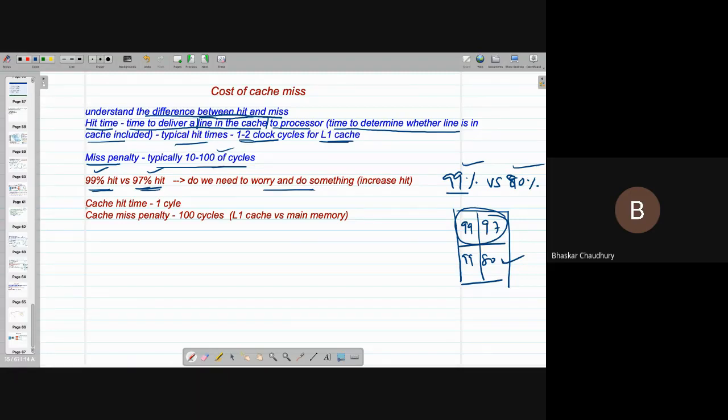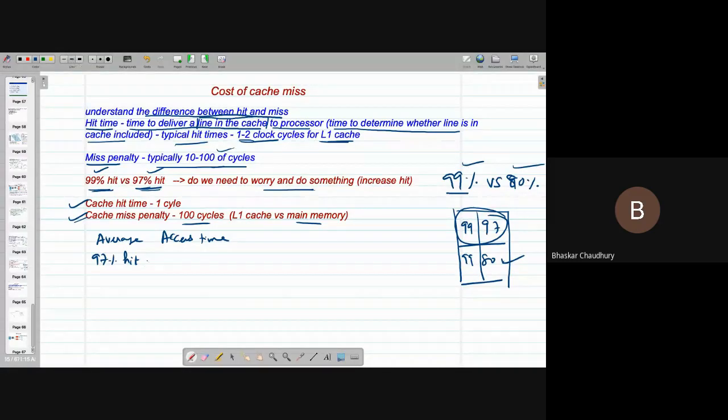As I've already discussed, cache hit time is typically 1 cycle, and cache miss penalty is 100 cycles. I'm talking about main memory: suppose it is not in the cache and you have to go to main memory to get this data. So let's talk about the average access time, for the 97% hit case first.